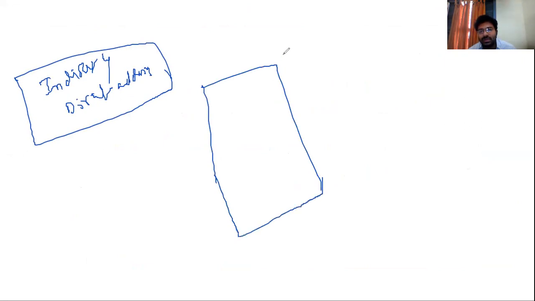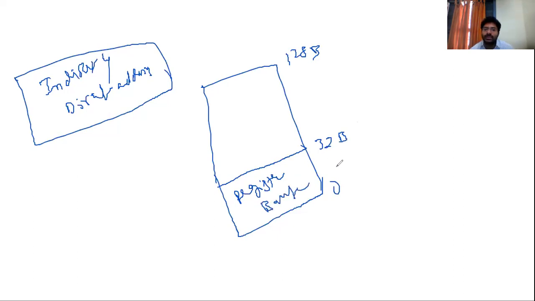This is the 128 bytes, this is 0. Out of these 128 bytes in direct and indirect addressing mode, 32 bytes are allotted for the register bank.